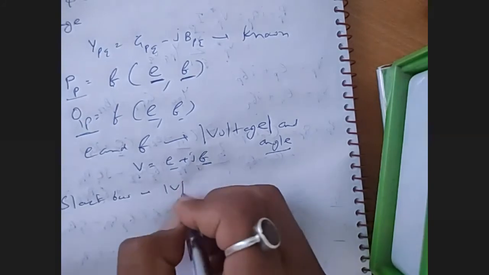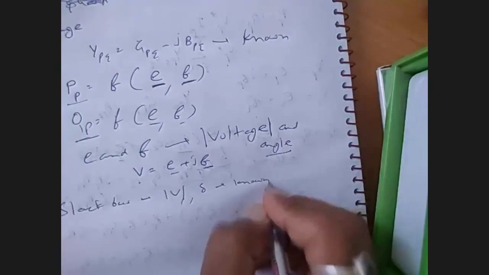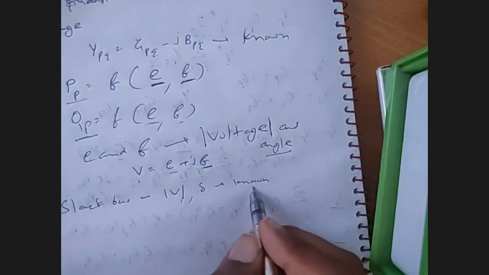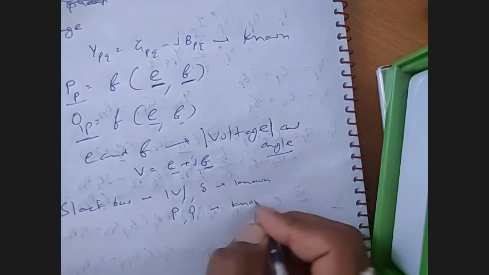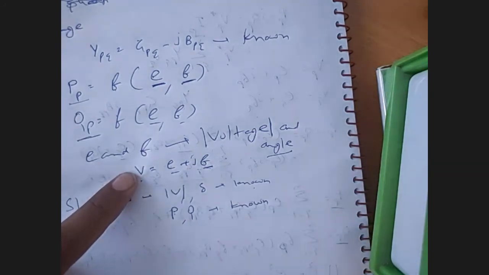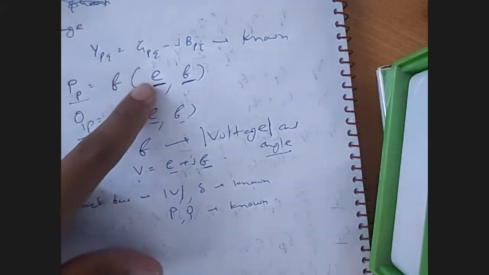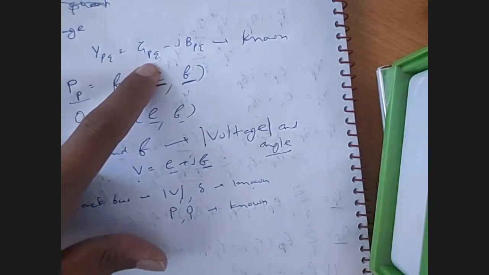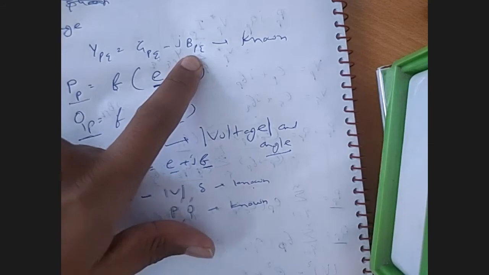So when we are talking about the slack bus, the magnitude of V and angle are known. And if these quantities are known, your P and Q will also become known, because you know the value of E, you know the value of F, and you know the value of G_PQ and B_PQ already.